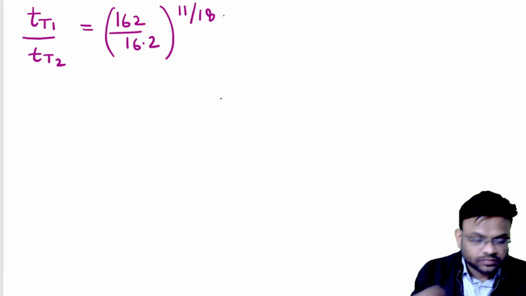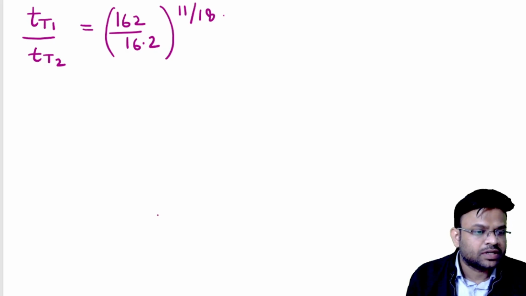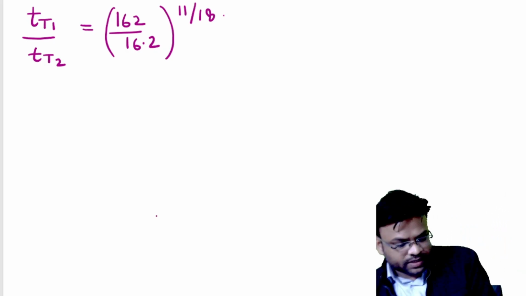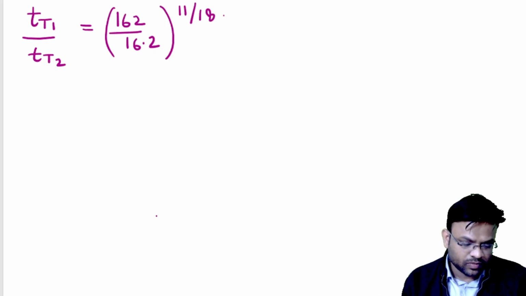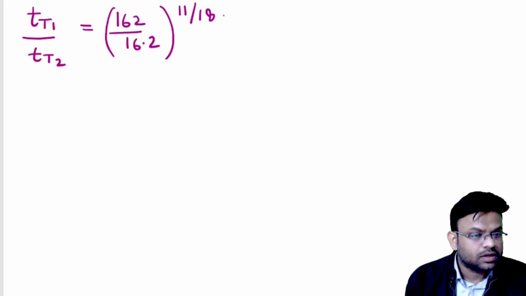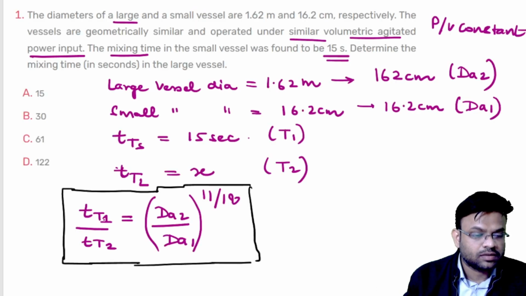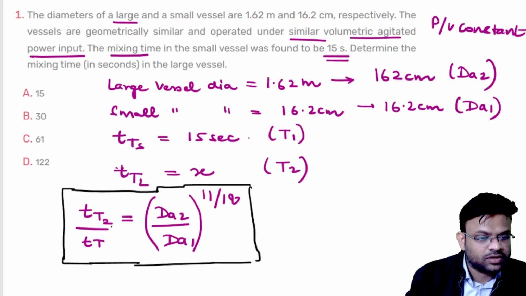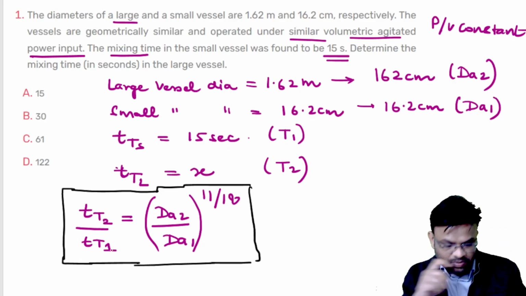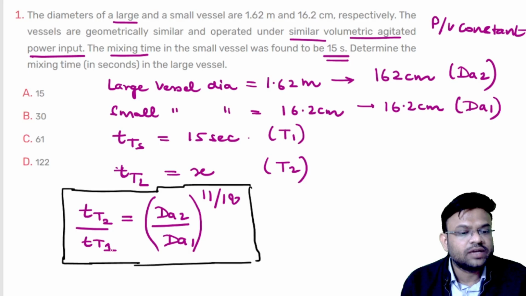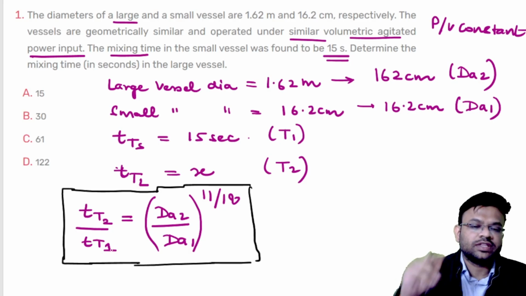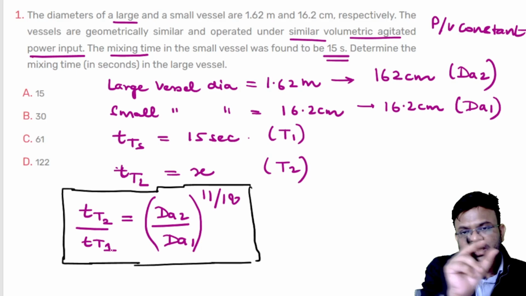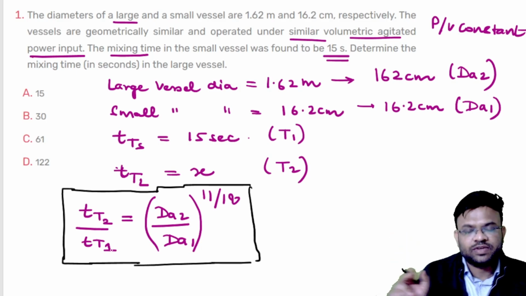I wrote it by mistake, I wrote it wrong. T2 upon T1, this should be the correct formula. That means we are directly correlating T2 upon T1. Both the 2's will be in the numerator and in the denominator it will be both the 1's.